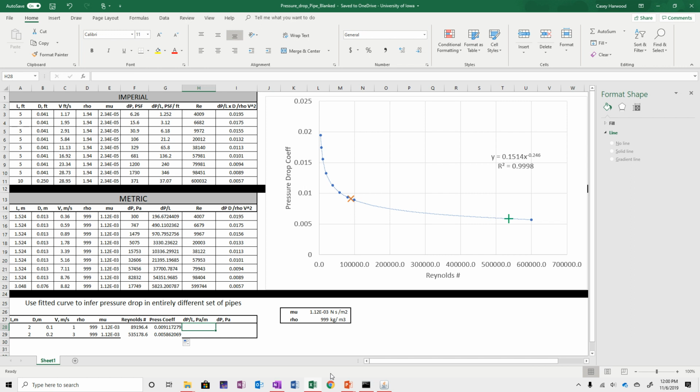Okay. So now I have a dimensionless pressure drop. All that's left is to redimensionalize that. So P over L is going to be equal to this quantity times rho times V squared divided by the diameter.